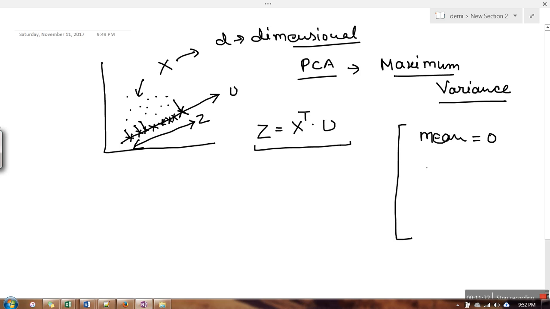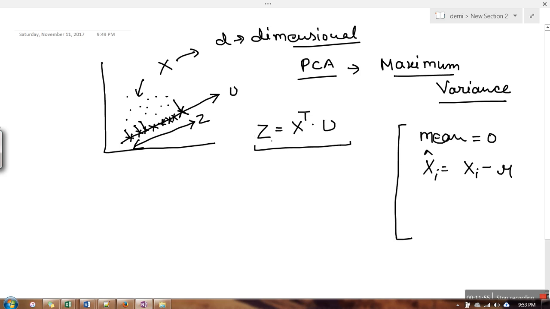So what we can do is convert our data into mean centered data by using this formula. If we subtract the mean from each data point, the mean of the resulting data points will be 0. So this is our assumption. In case this is not true, we can convert our data into mean centered data.